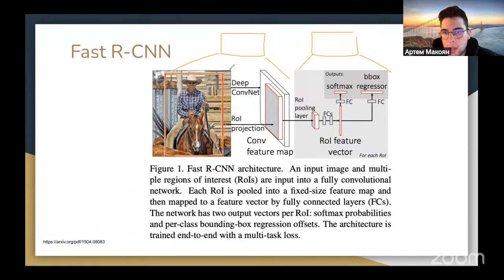And now we put the whole image to the feature extractor only once, and then for each bounding box we put the extracted feature map for this bounding box to the classification head. The classification head has much fewer parameters, so it's much faster. So this is Fast RCNN. Did you get the idea?